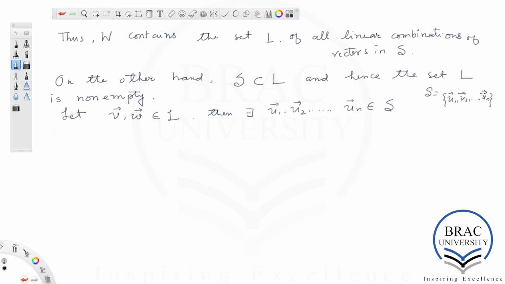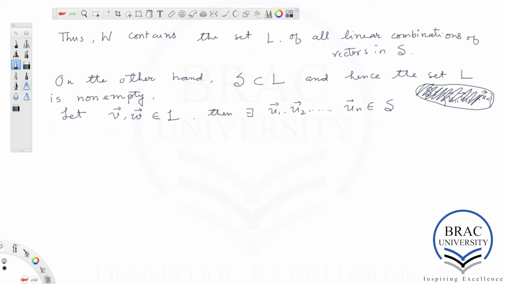So this is where we have come to the general picture, where we take the situation that S can be infinite as well. We have to prove the result for the most general case. S is just a set of the vector space which can be infinite as well.